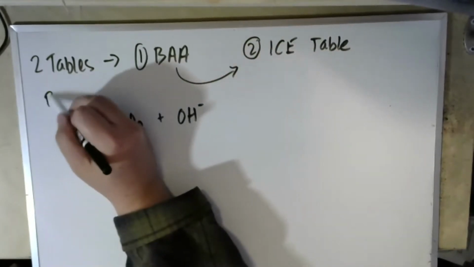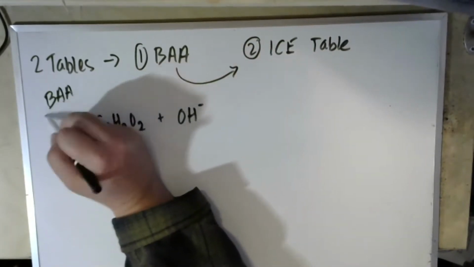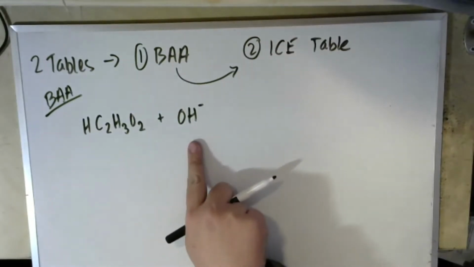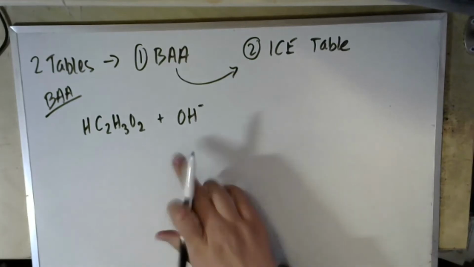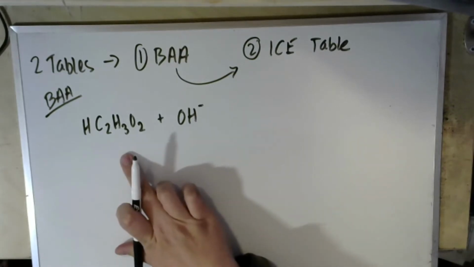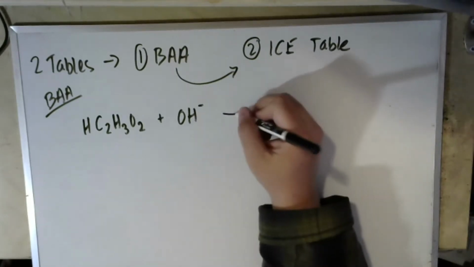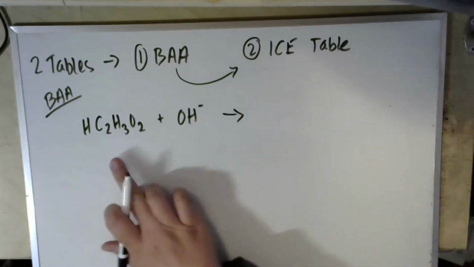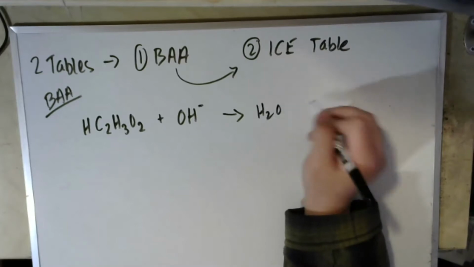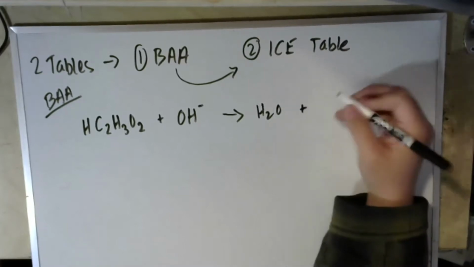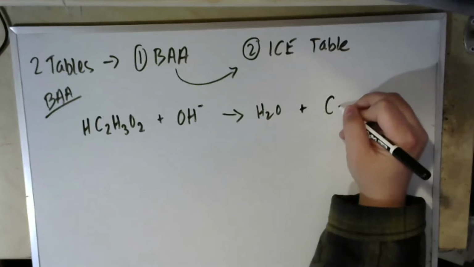Again, this is going to be our BA table. Let's be clear. We're writing down a representation of what we're about to do when we add the base to our acetic acid. When we add the base to the acetic acid, we're going to be making water, and we're going to be making our acetate ion.